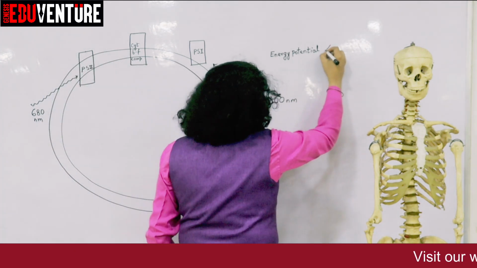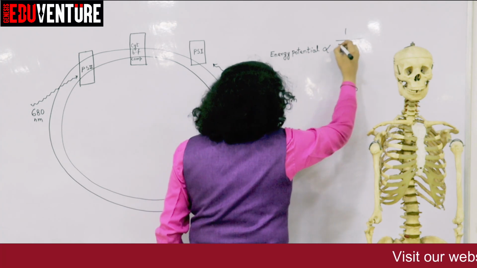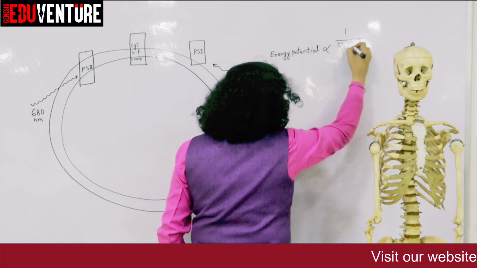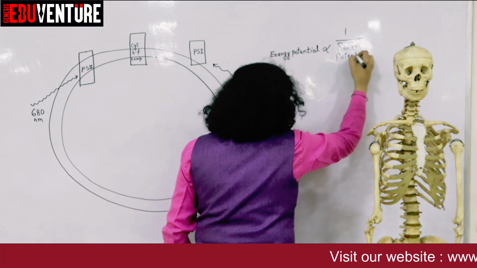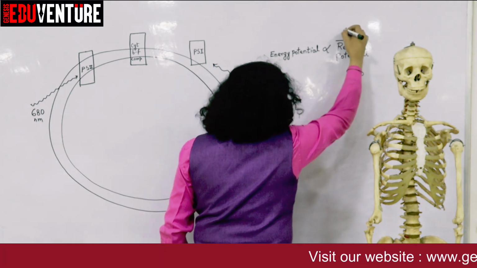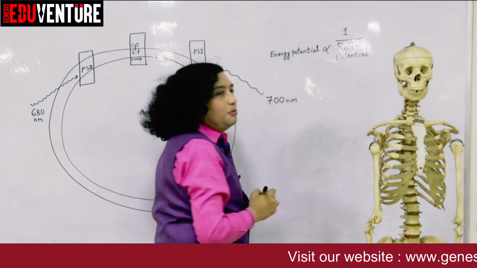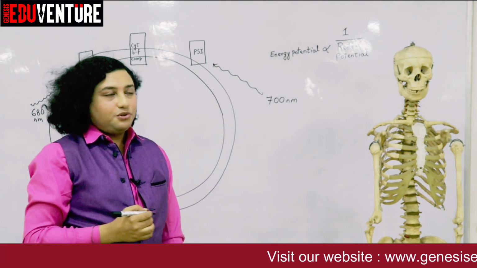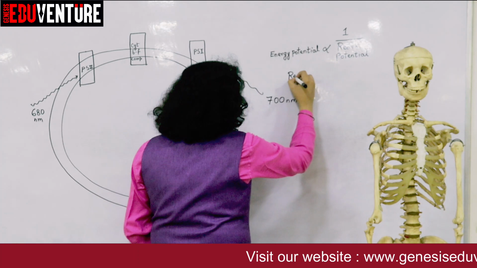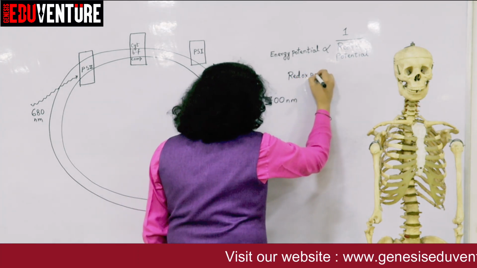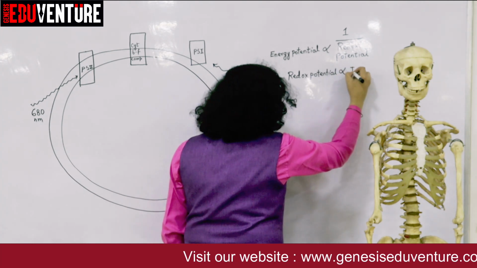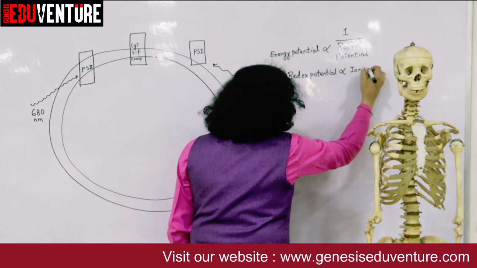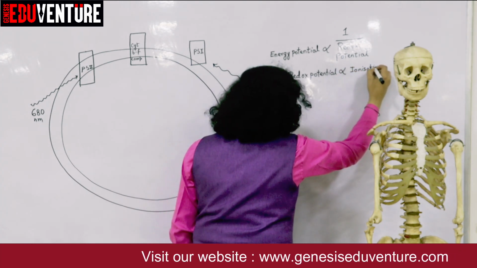So I can write it here, inversely proportional to redox potential. And redox potential is directly proportional to ionization potential.